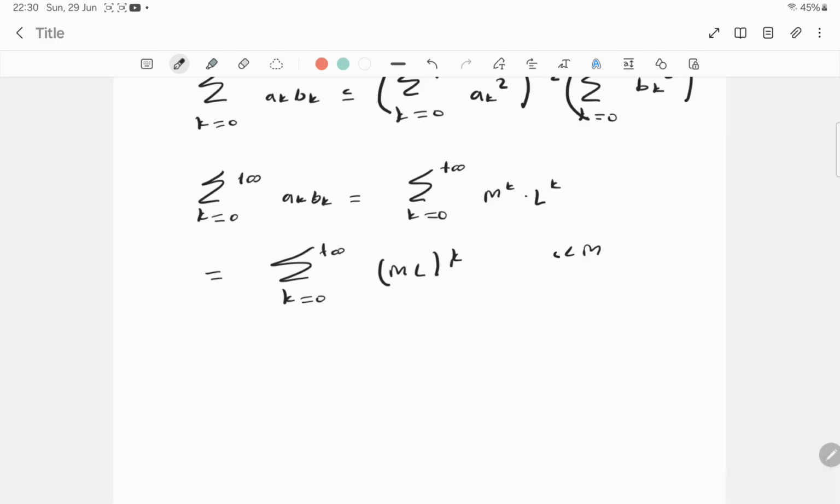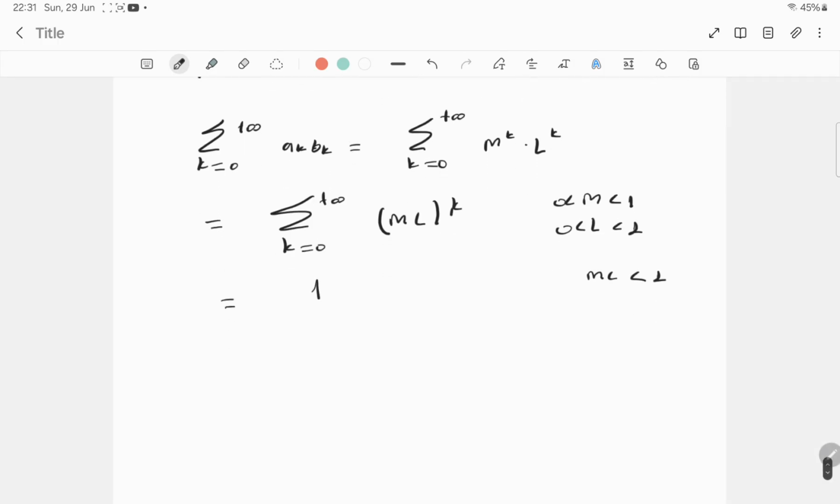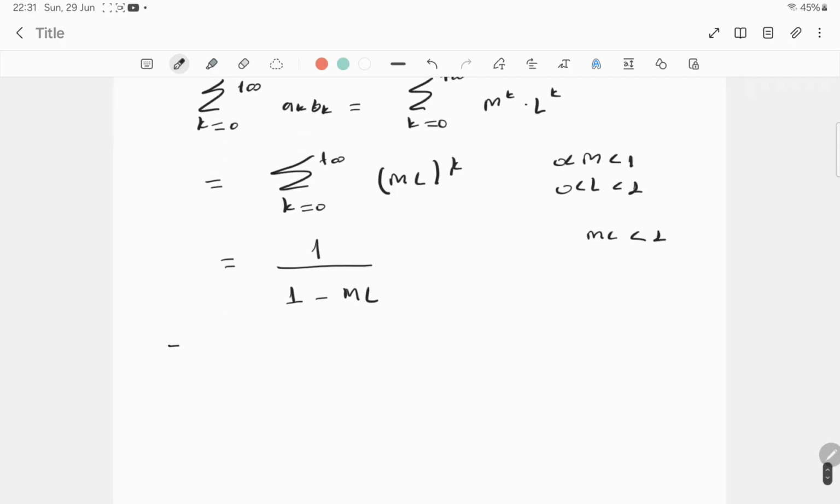Of course, we know that m is between 0 and 1 and l is between 0 and 1. So the product m times l should be less than 1. That one is less than 1. So this is basically an infinite geometric series, and we can write 1 over 1 minus m times l.